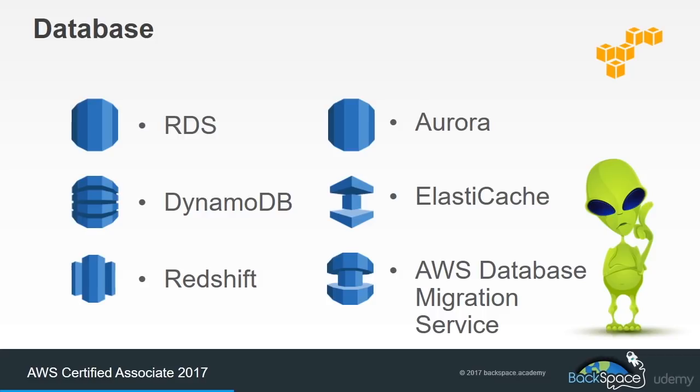ElastiCache, and that is in-memory caching for databases. What that does is it allows very high speed, very low latency access to data. It will cache in memory frequently accessed data from your database.